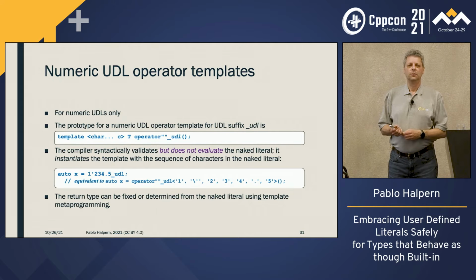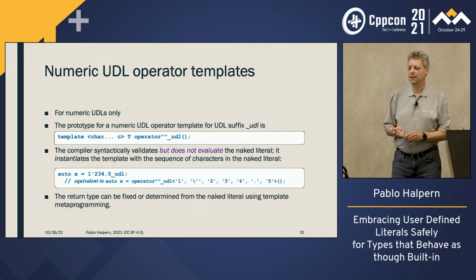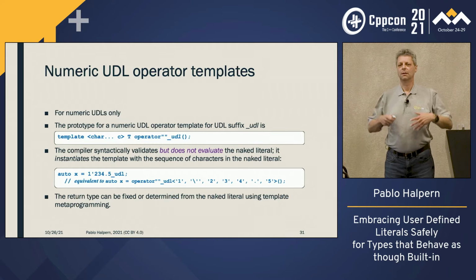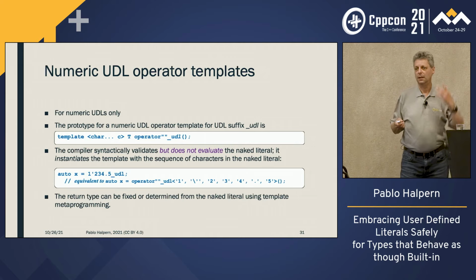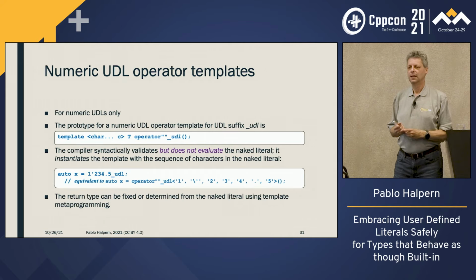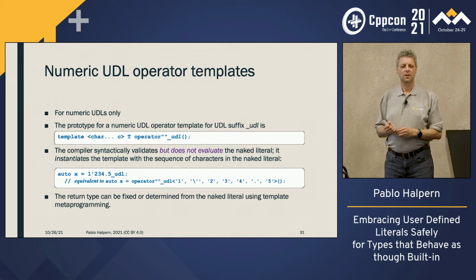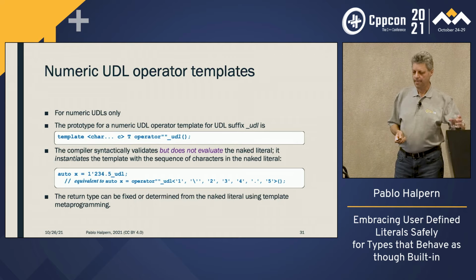Now we start getting into really the hairy stuff, which is the next level of complexity and power in our UDL operators. And that is that our UDL operators are no longer functions, but are now function templates.